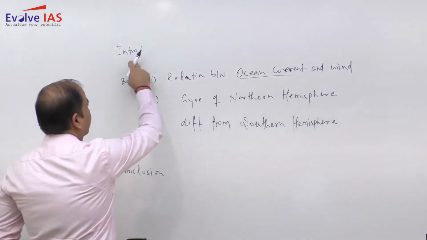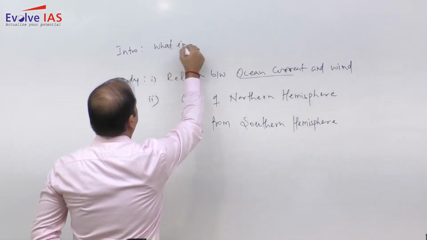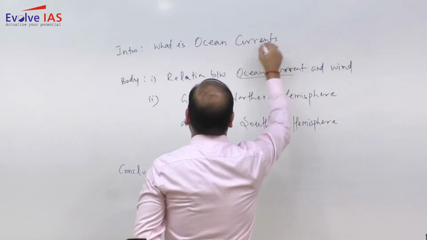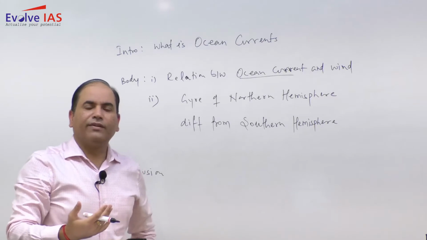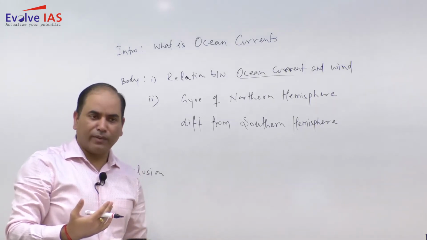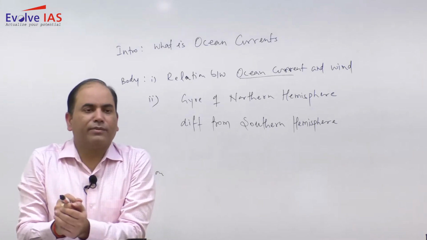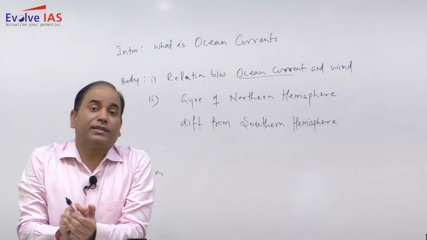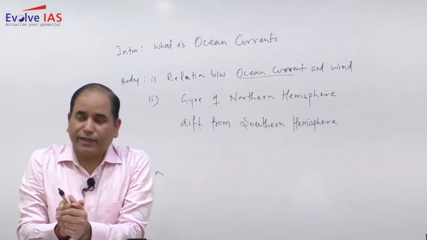So in the introduction, first try to write about what ocean currents are. You can simply write the very famous Trujillo and Thurman's definition: ocean currents are nothing but water masses in motion in the oceanic water. So water masses in motion in oceanic water are simply referred to as oceanic currents.